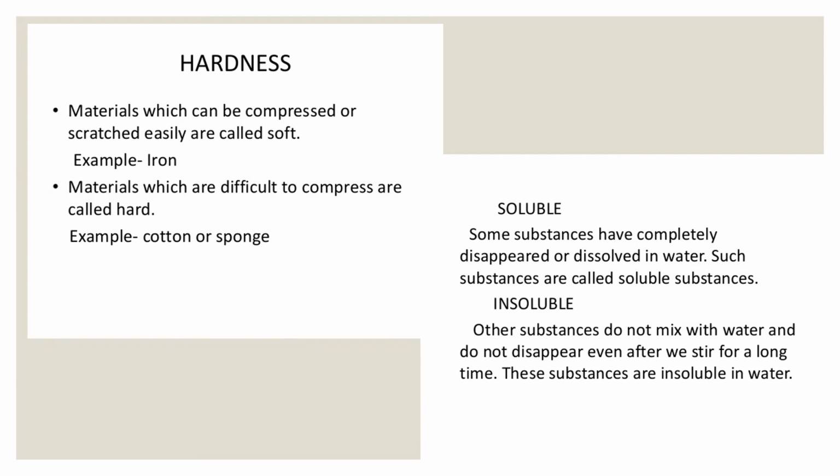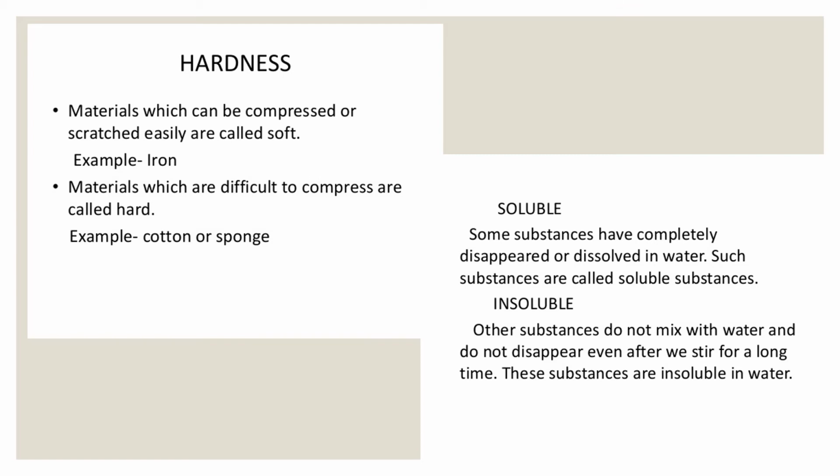On the basis of hardness we can divide material into two parts: soft material and hard material. The materials which we can compress are called soft, but the materials which are difficult to compress are called hard. So cotton and sponge are examples of soft material, and iron is an example of hard material.